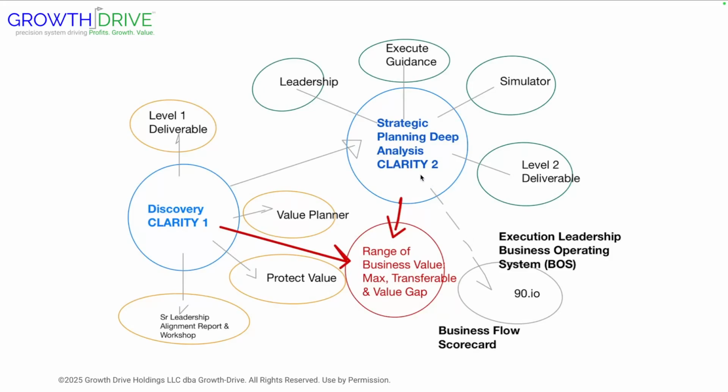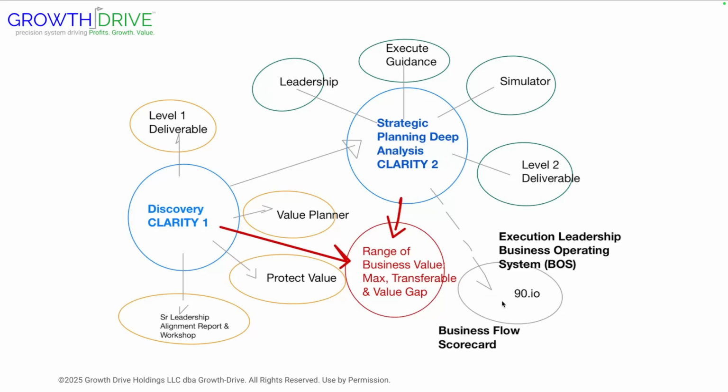Now, you have your deep analysis. Let's say you've created a plan, or you've decided to create a plan to democratize accountability inside 90. 90 is fabulous, right? The entire methodology, process, scorecards, and execution leadership business operating system, the LBOS, is embedded in 90.